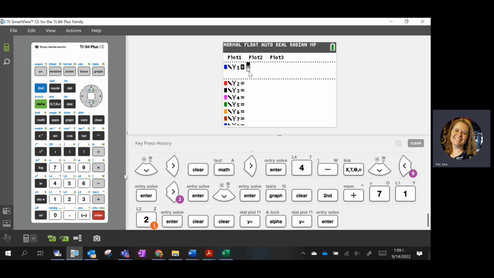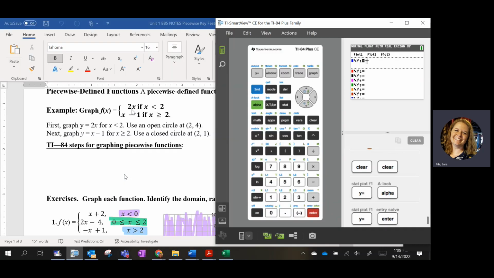Okay, so I'm going to split this screen here. The first piece of our function is 2x, so we'll type in 2x. And then in the denominator, you put the restriction. In this case, it's x is less than 2. So I'm going to type in x.